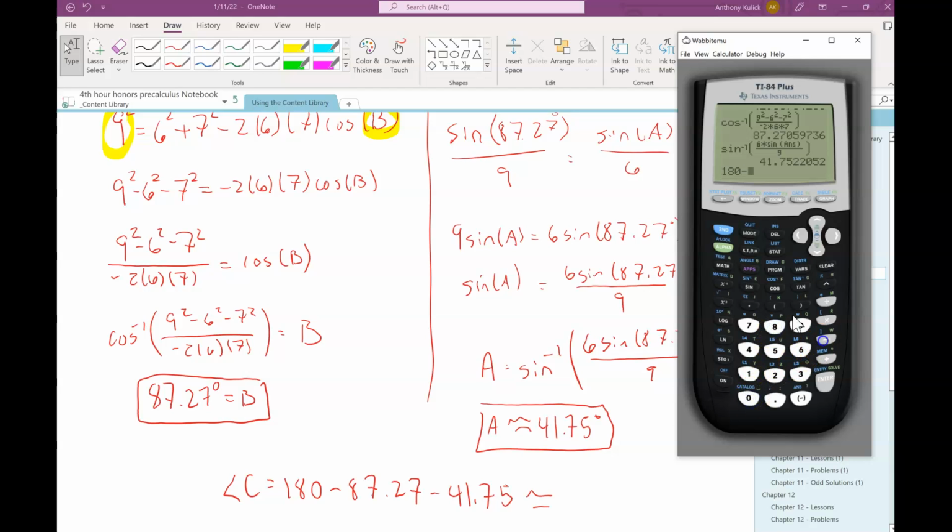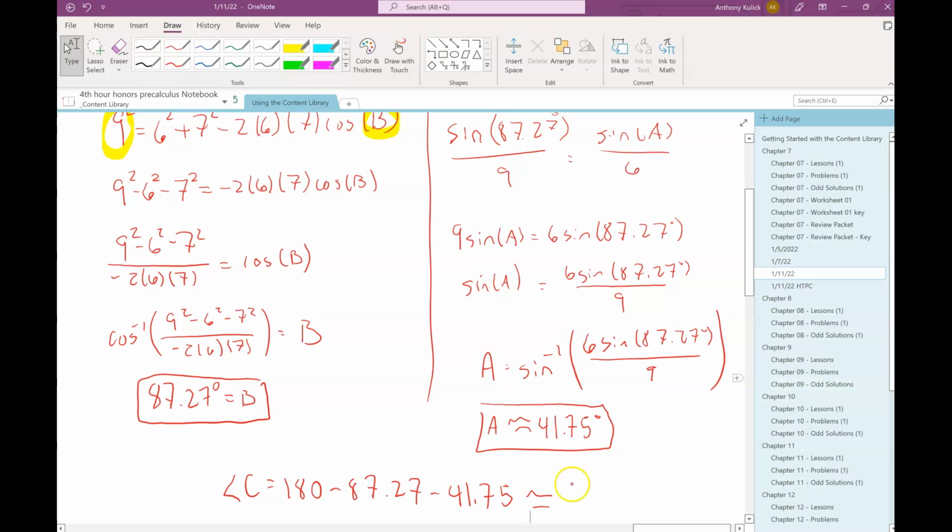Okay, it's 2 times the 2 shortest sides minus cosine of the largest angle. 5098. Well, I mean, the law of cosines, you don't have to do it that way.